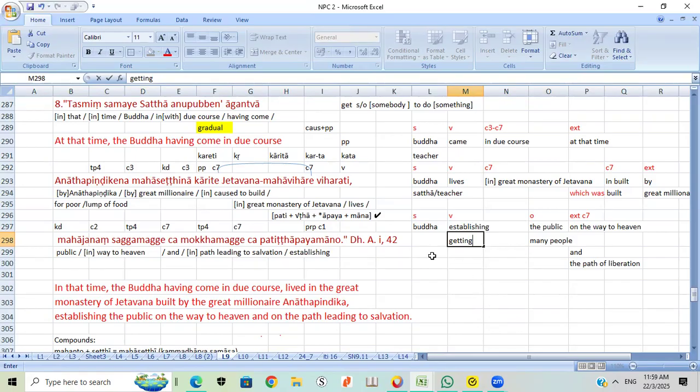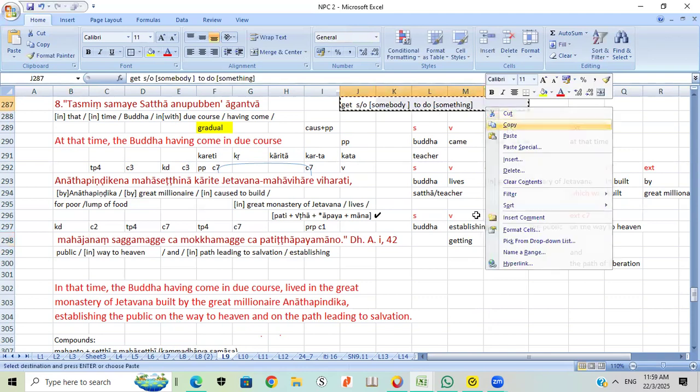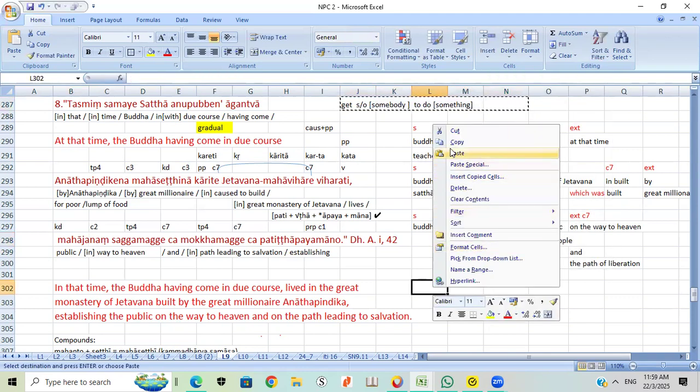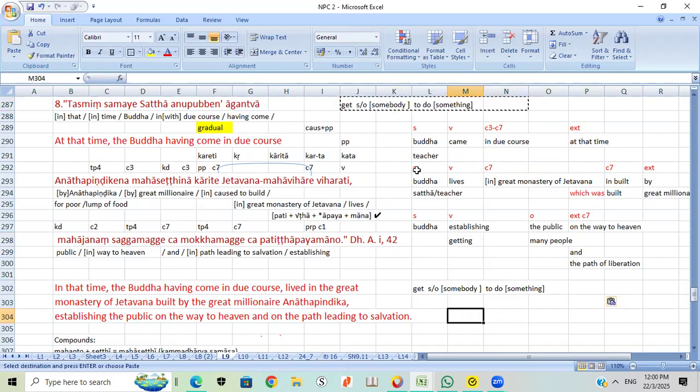One word is not good enough, because getting many people, if you take causative, getting many people to the way. So I put "get" here because this is a PRP, getting.